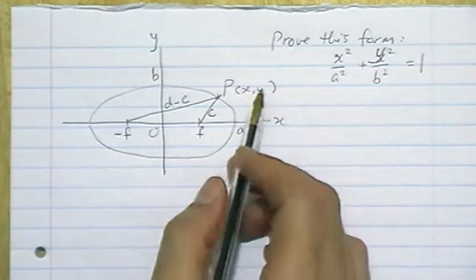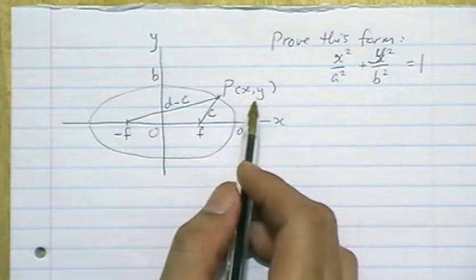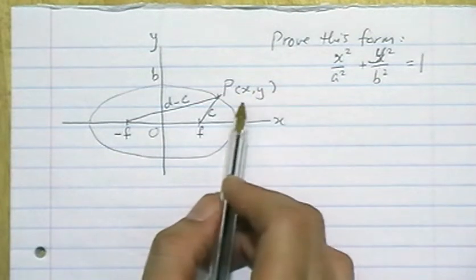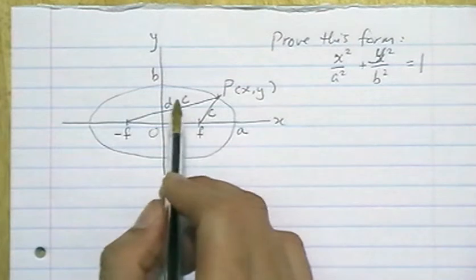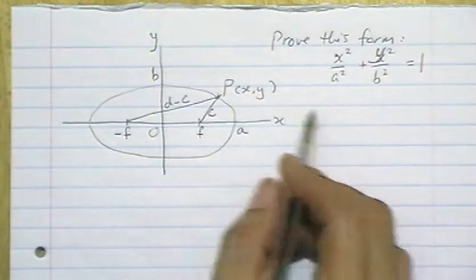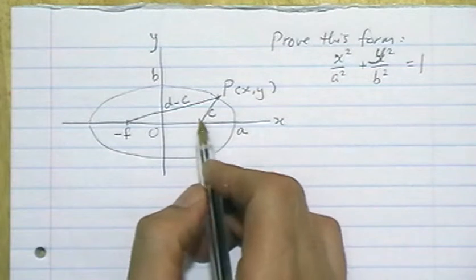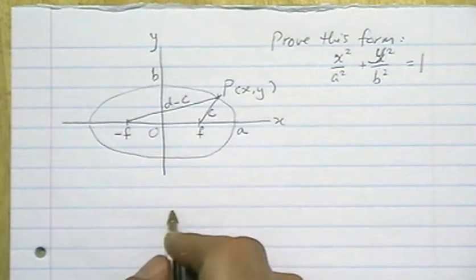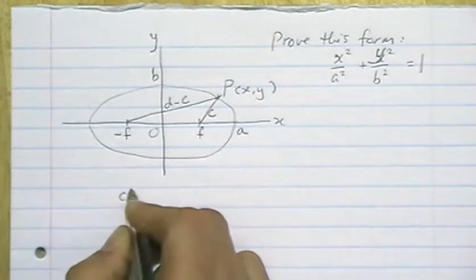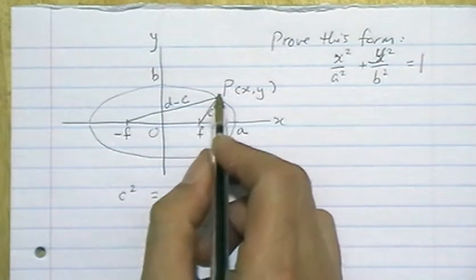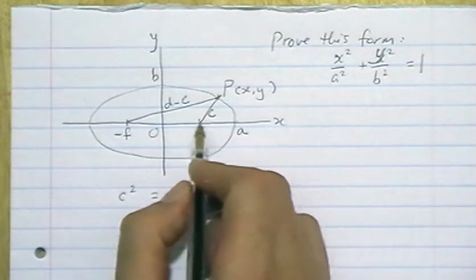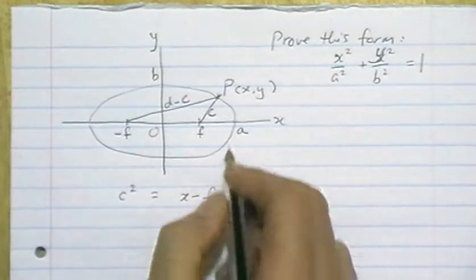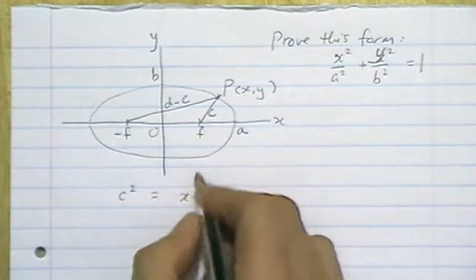So now I can use Pythagoras theorem to write down the relation between these letters. For this side C, I have C squared equal to, between those two points, the horizontal distance x minus f, the x there and the f there.